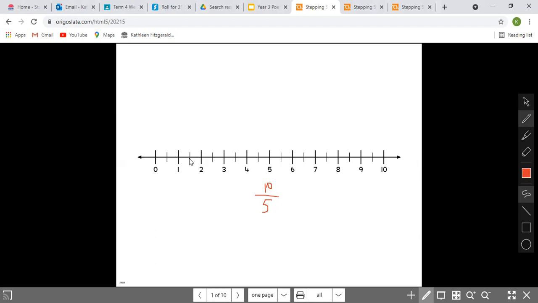And then 1 1/2, and then we've got another 2 halves, so we would count that as 2. Let's start from the beginning. Half, 1, 1 1/2, 2, 2 1/2, 3, 3 1/2, 4, 4 1/2, 5, and so on up until 10.